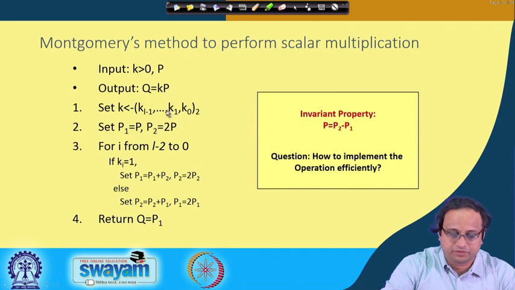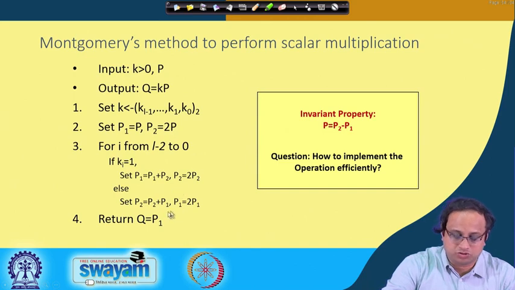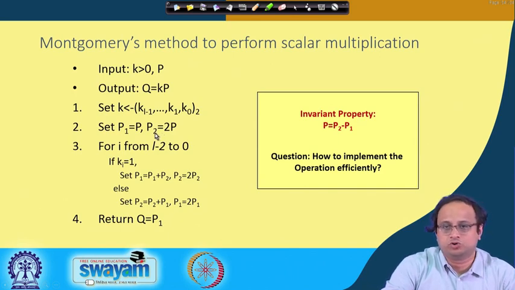The technique is that we introduce two registers P1 and P2 such that P1 is P and P2 is 2P. So, if I calculate P2 minus P1, that is 2P minus P, which is P. What we try to do is perform this computation in the ladder in a manner such that P2 minus P1 is always equal to P. So, that remains an invariant in this computation.